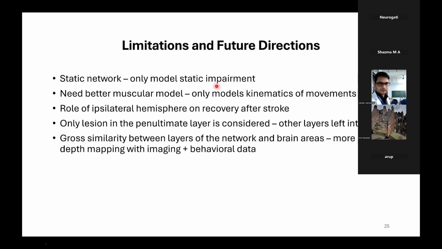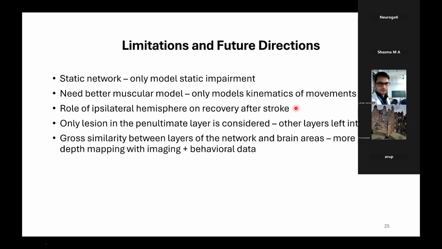So it can only model static impairments and it needs better muscular models also, because it can only show impairment in degrees of freedom. That is, from 0 to 180 degrees of normal elbow movement, the network after a stroke will experience maybe now a limited degree of movement, showing only maybe or reaching only maybe 0 to 50 degrees or 0 to 90 degrees. Whereas issues such as reduction in force, reduction in pressure, etc., which is also experienced by stroke subjects, is not seen by this network.